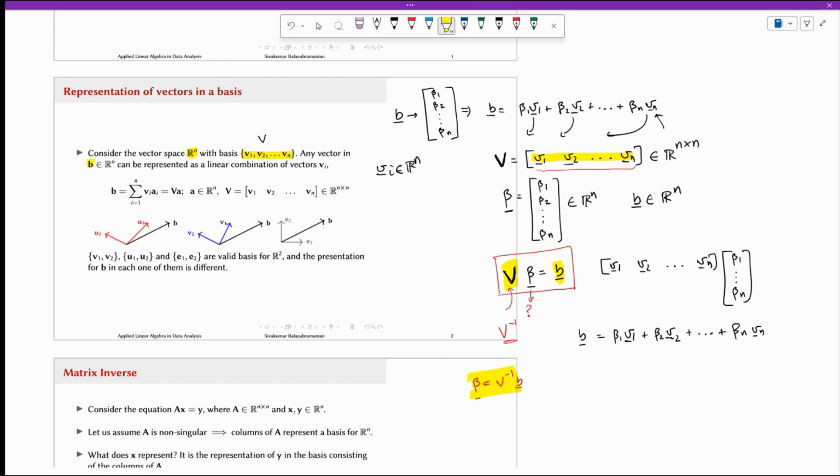So V inverse essentially plays the role of finding the representation of a vector b in a basis which are the columns of the original matrix V. If you want to find the representation of any vector b in this basis, all you do is take V inverse and post-multiply by b.